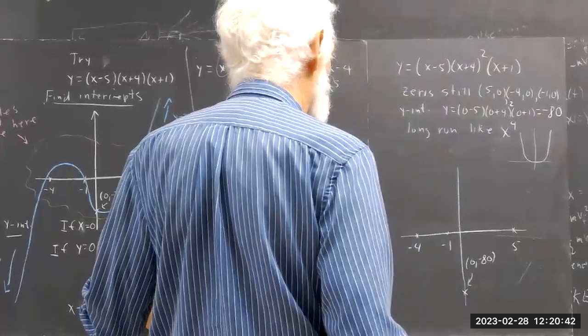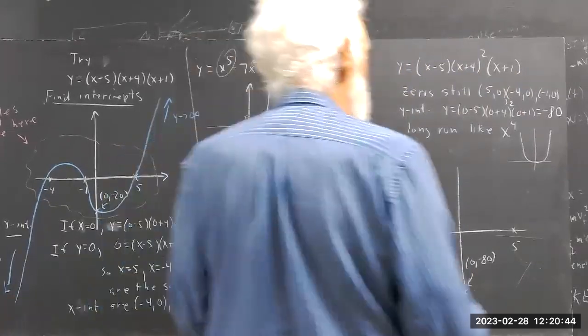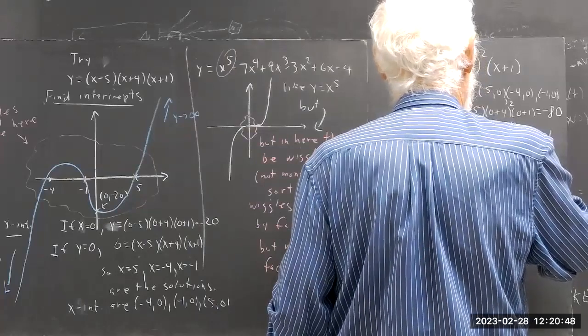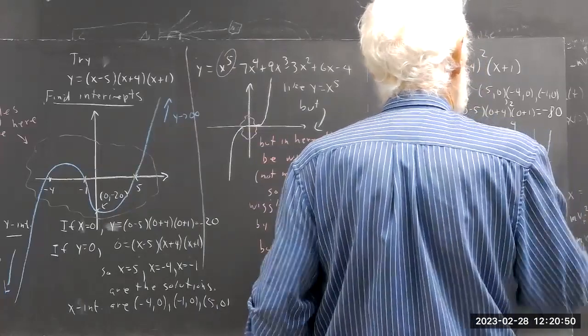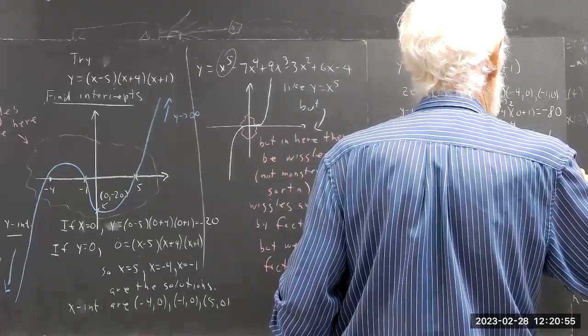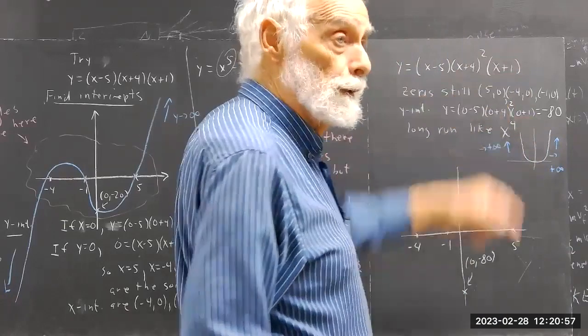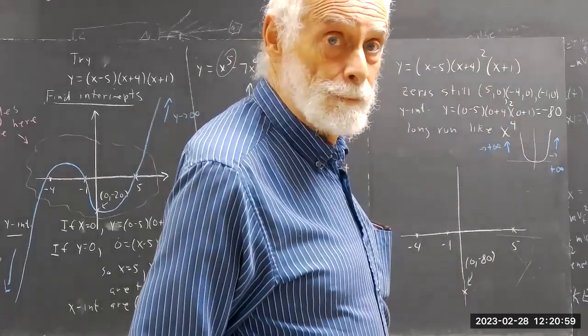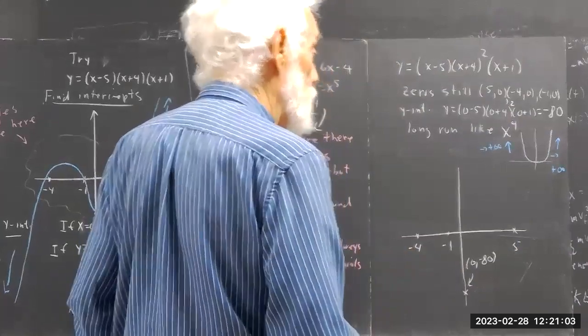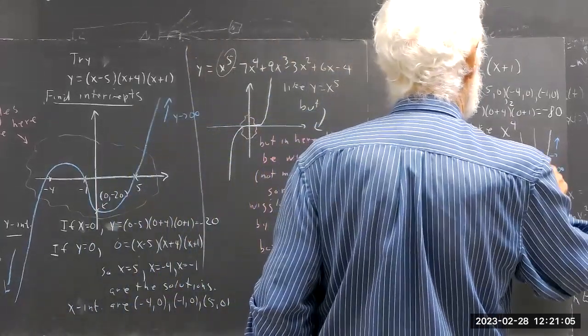It goes to plus infinity on this side and to plus infinity on this side, which means that our graph here has to have the same behavior, but with wiggles.